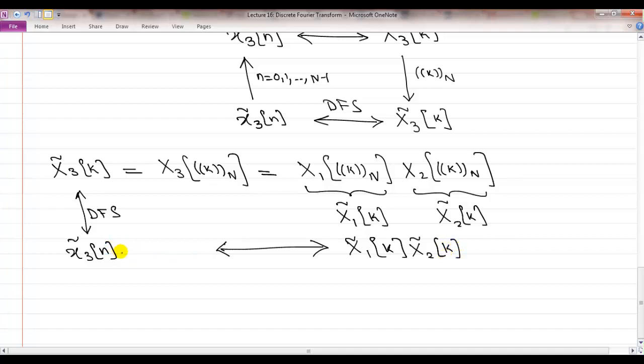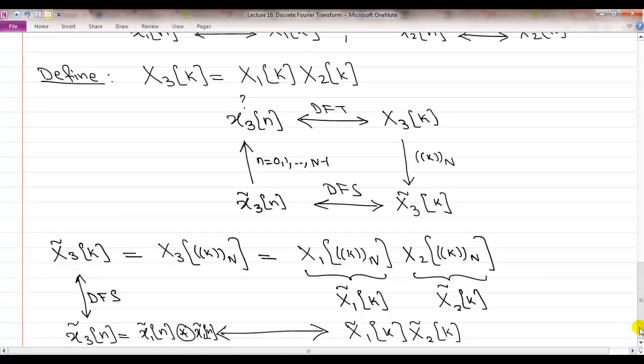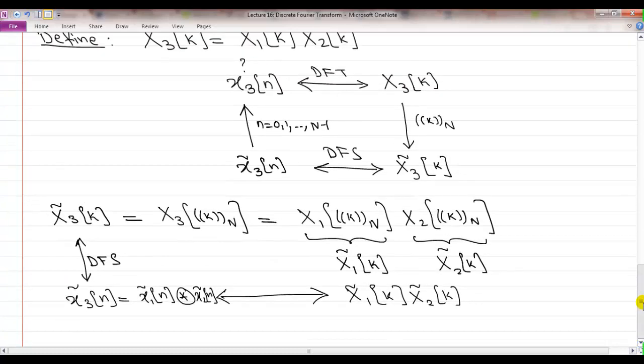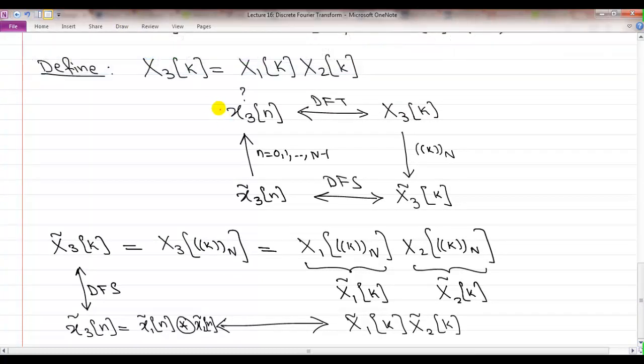And from the properties we saw that that is simply the periodic convolution between x1 tilde of n and, using just this notation, x2 tilde of n. Remember our goal is x3 of n, which is just one period of x3 tilde of n. So we will compute x3 tilde of n and then write down its one period.